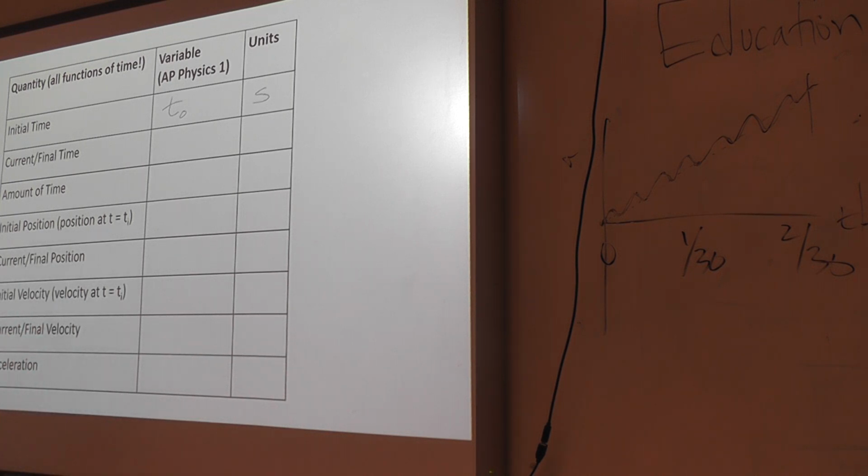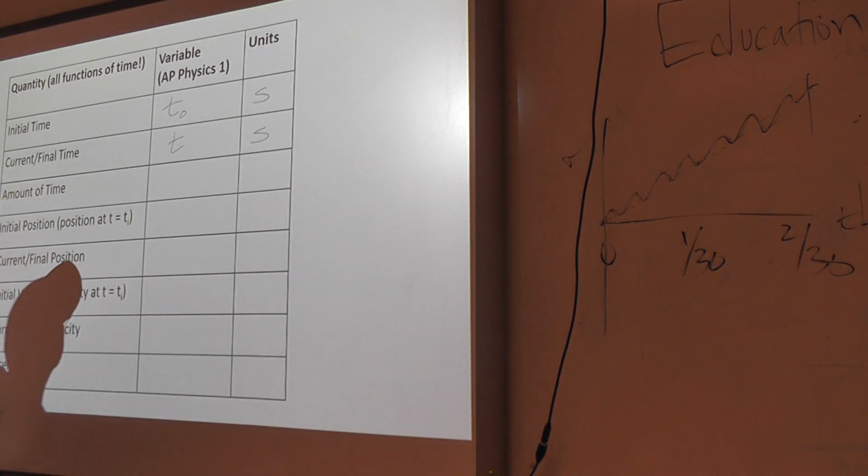And so the variable t refers to whatever some later time is. And sometimes we have multiple later times, so we might have t1 and t2 and t3. Sometimes we just have one later time and it's t. Sometimes we're just wondering about what's happening right now, and now what's happening, and now what's happening, and that would be t as well. And the units for that, of course, is going to be seconds.